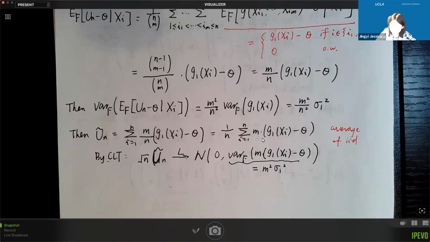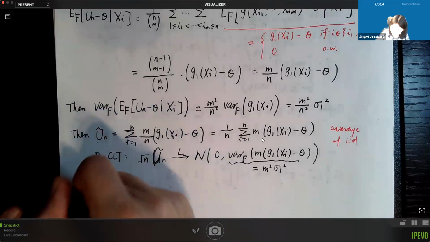As I said, it's a surrogate. It's not Un. But finally, our result will depend on the fact that Un minus theta and U tilde n are asymptotically equal.